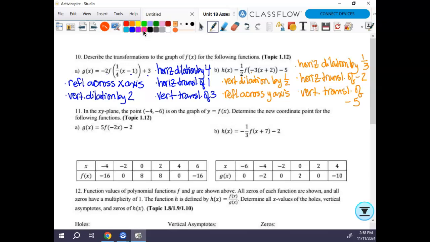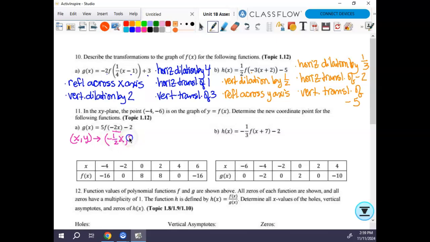All right, in the xy plane, the point -4, -6 is on the graph y equals f of x. Determine the new coordinate for the following functions. Okay, so let's think about what we're doing here. Everything that affects x, I got to change the sign on x, so my xy is being mapped to, and this is a horizontal dilation by 1/2 because x is a liar, so that's -1/2 x.